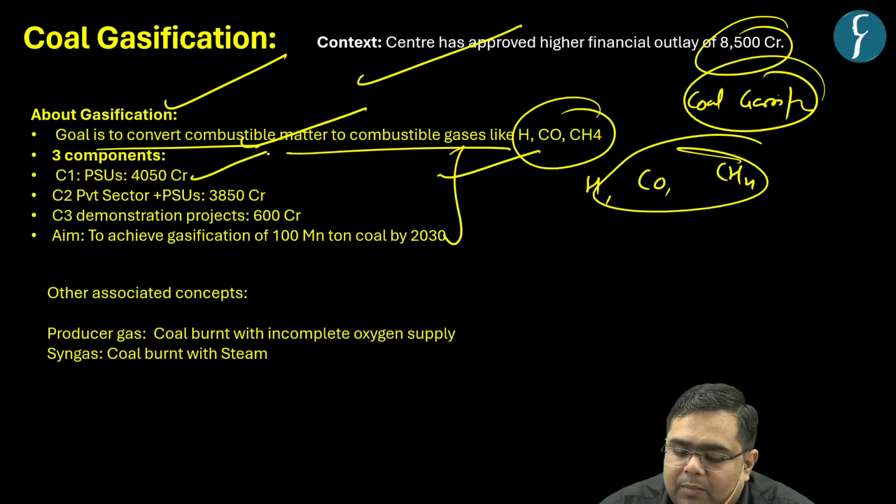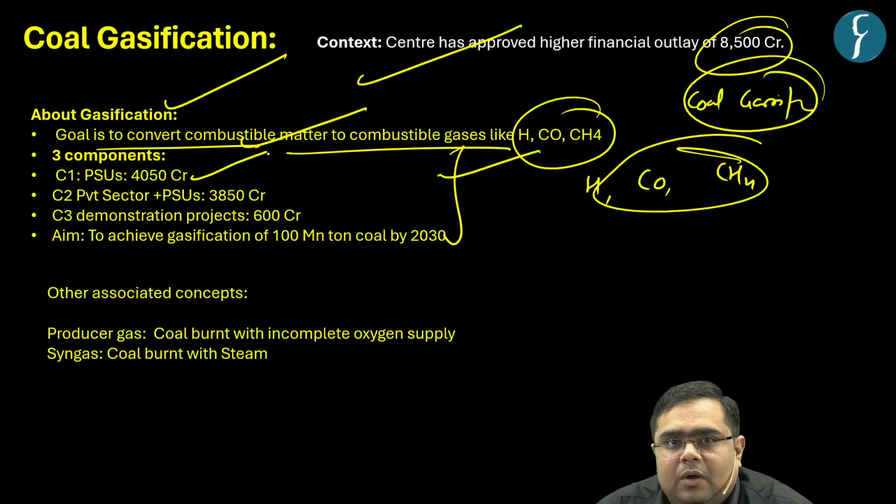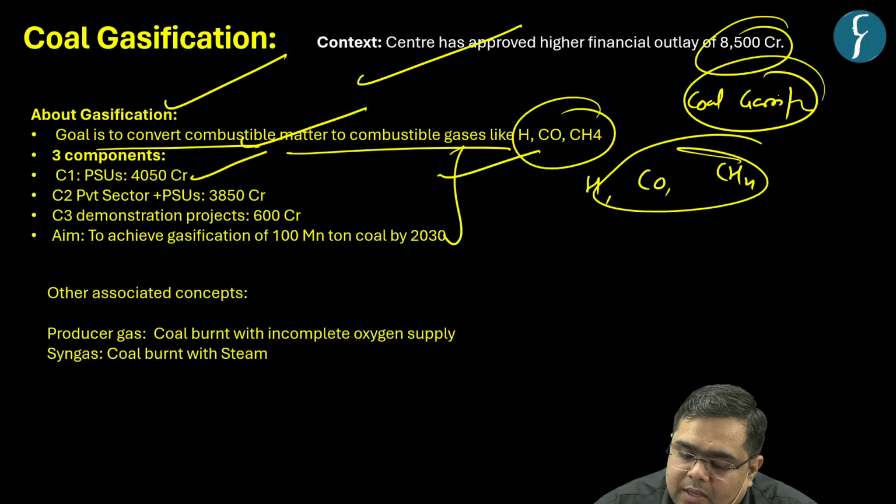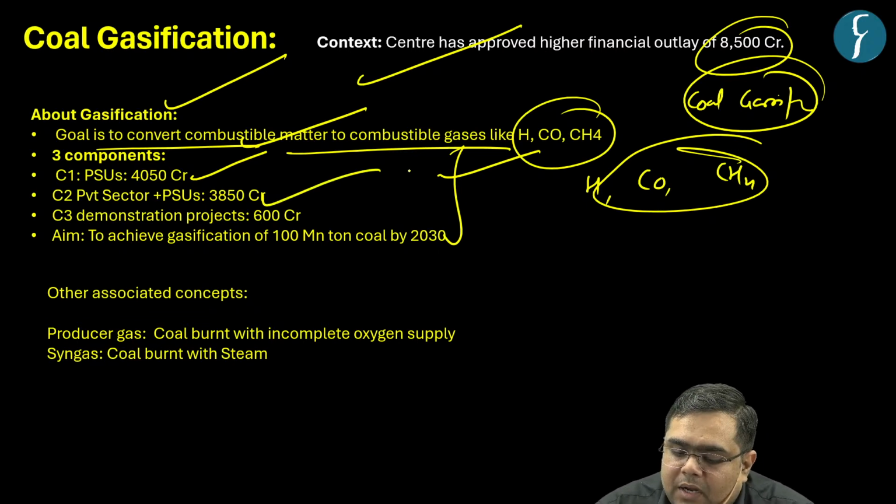First component is for PSUs, in which they can install projects, with an outlay of 4050 crores. Second one is the mechanism in which even private sector or PSUs can establish coal gasification plants. The outlay for that is 3850 crores.